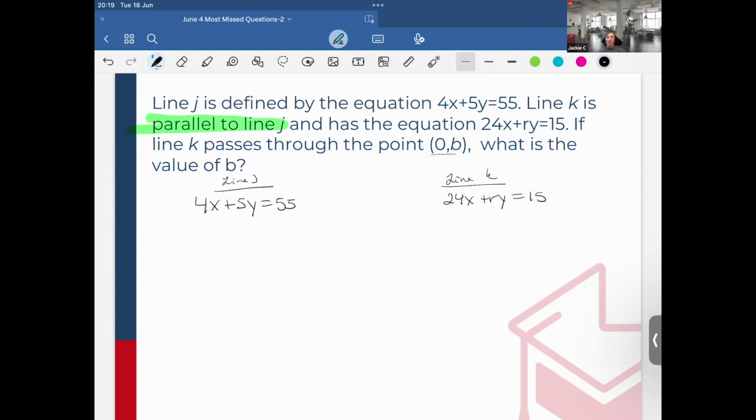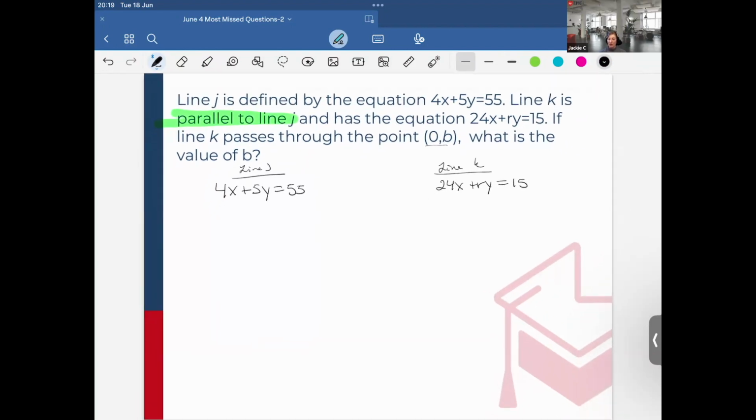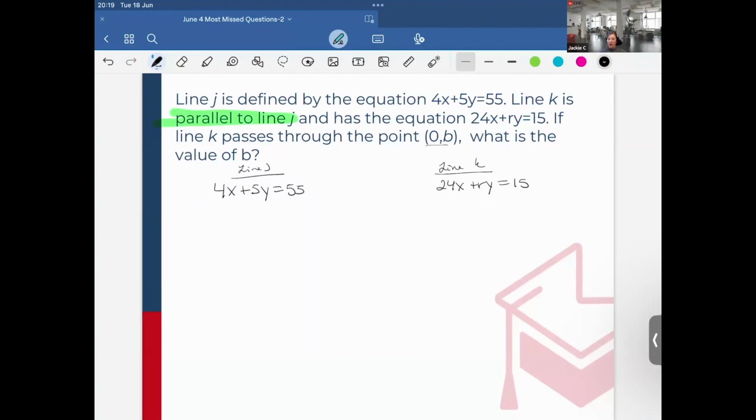Okay, so if you've been practicing for the SAT, you've probably come across very similar problems. So the first thing to note in this problem is that parallel lines always have the same slope. What I always do in these equations is first rearrange everything in terms of y, so y equals mx plus b. Let's do that.